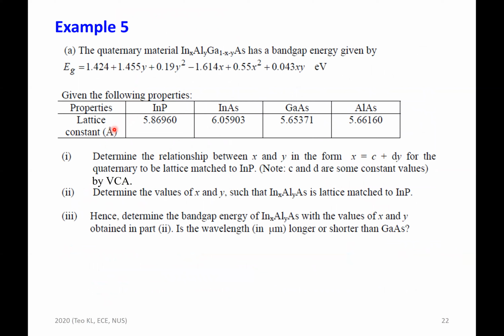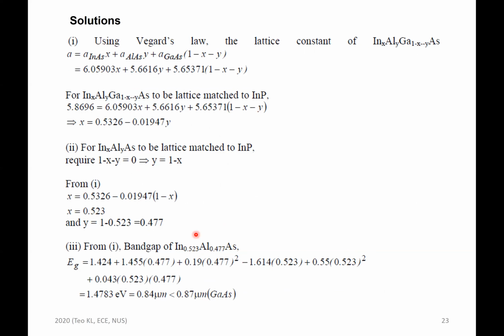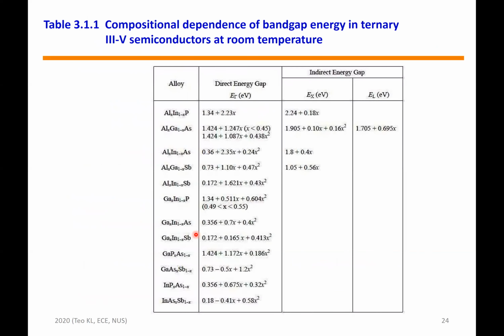Now, the next example is indium aluminum gallium arsenide. I will leave this example as an exercise for you to go through, and the solution is already given to you here. This is a table of the compositional dependence of the band gap energy in ternary III-V semiconductors at room temperature.